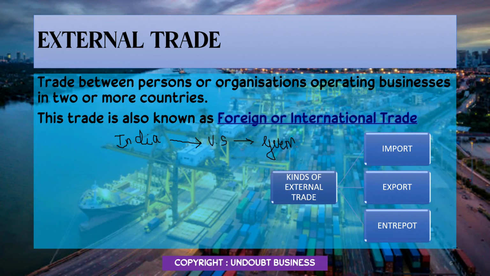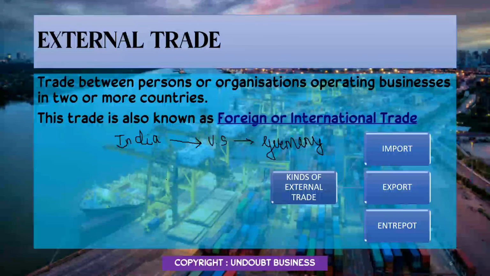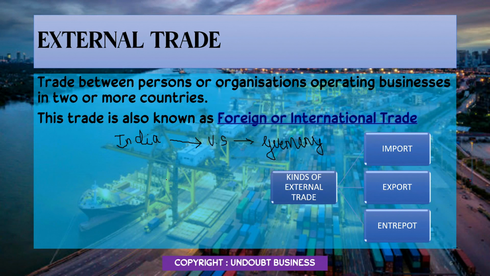I am dealing in a particular commodity, and I am doing a trade with any organization or any person in the US, or any organization or any person in Germany. So what it will be called? I am having my business in India, and I am operating my business in one or more countries, either in the US, or in Germany, or in both.